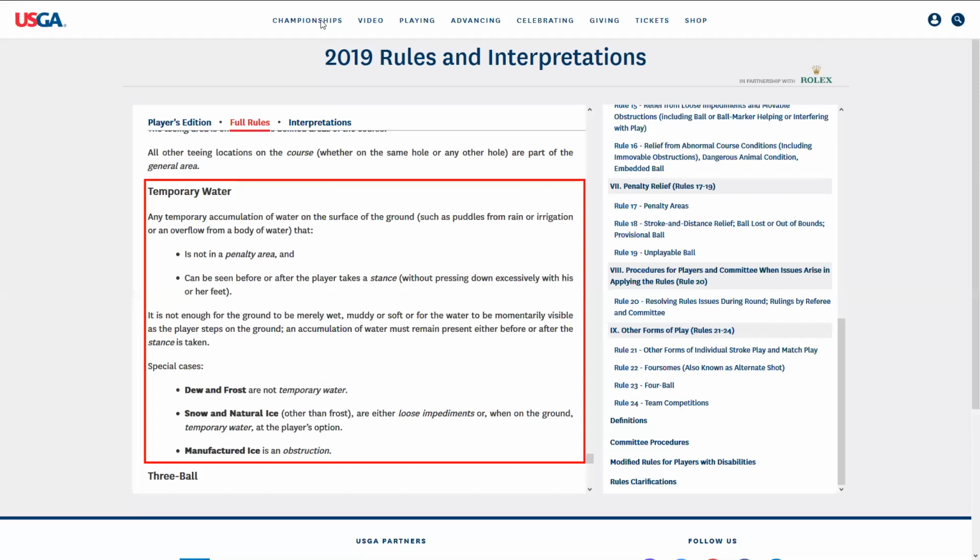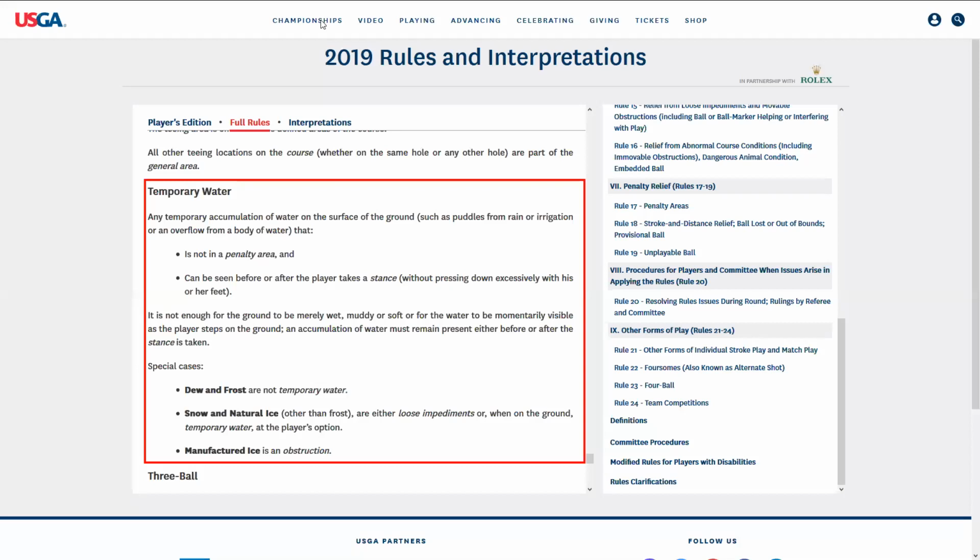So again, if you're taking the national test, this is the kind of thing they're going to trick you up on. Temporary water is any water anywhere on or off the course. But as we're going to see when we get to 16, you're only going to get relief if the temporary water is actually on the course. So there's no change in outcome, just a change in definition.